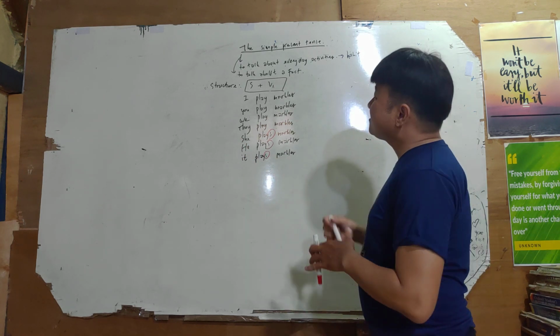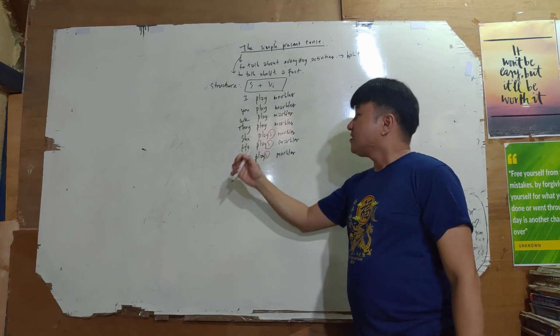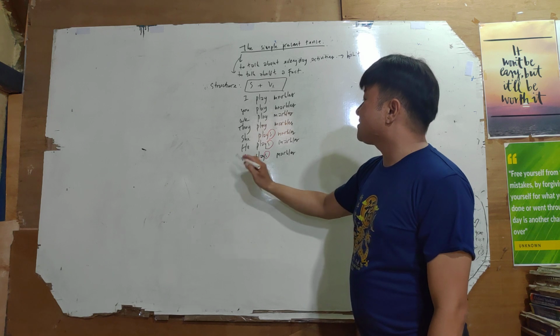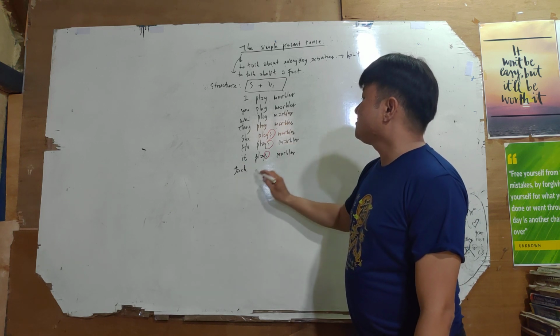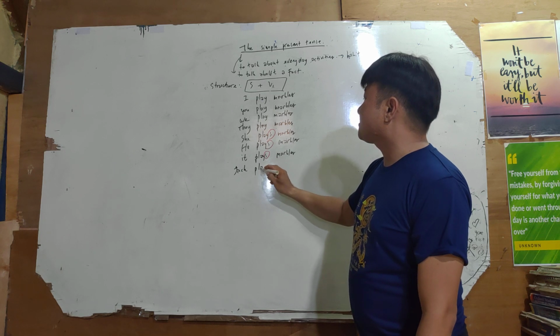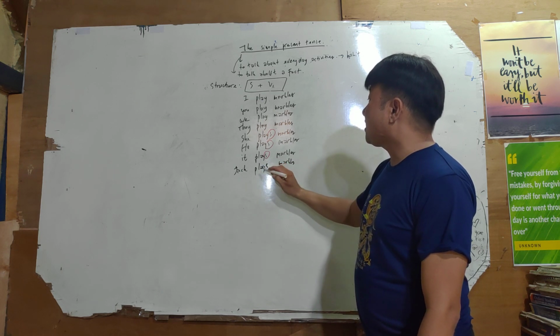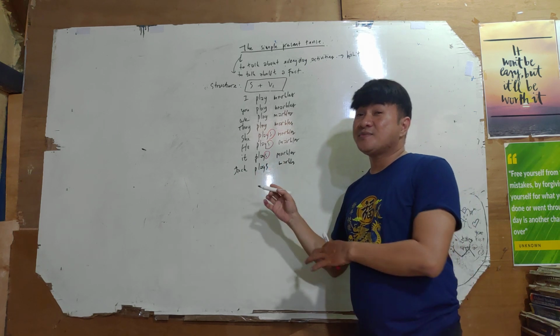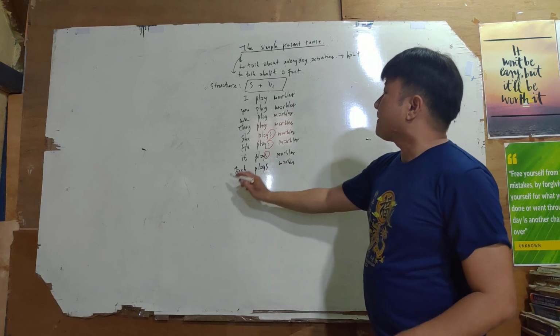And then what other subjects also take s in the verb? They are singular persons, like Jack, for example. Okay. So Jack plays marbles, with the s too. Jack plays. Jack is a singular person, so it's s. Jack plays marbles.